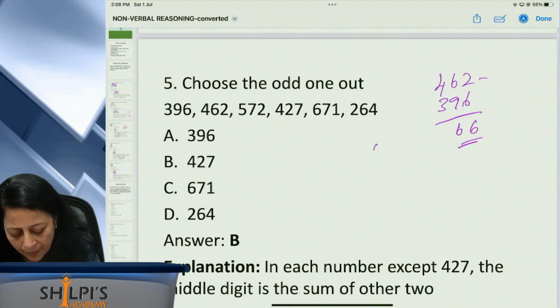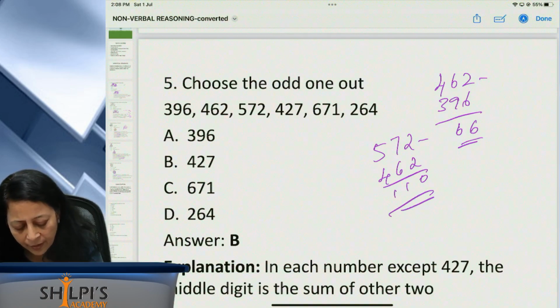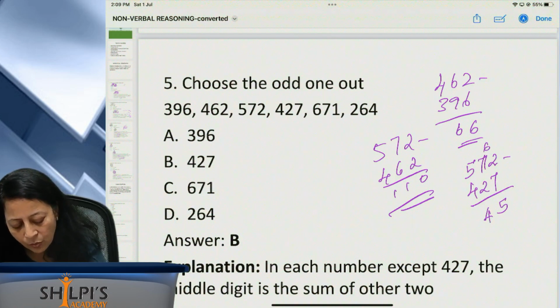Then let us take 572 minus 462, it is 110. Then 572 minus 427, it becomes 145.